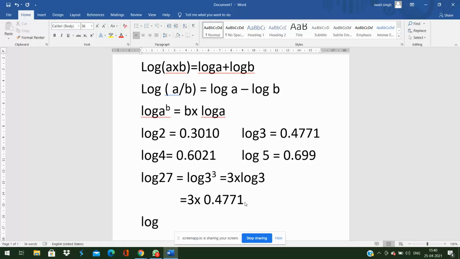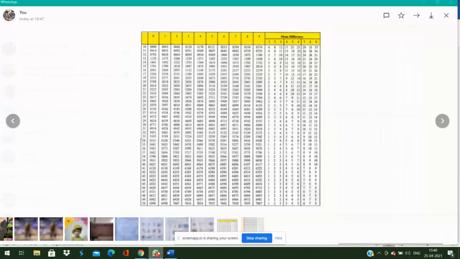So suppose log 2.7 is taken. After that nothing is there. That means two digits are there and the third digit is 0. So now how will we observe the log table? Just look at this log table. I have taken 2.7. The first two digits are 27. The third digit is not given, that means 0.